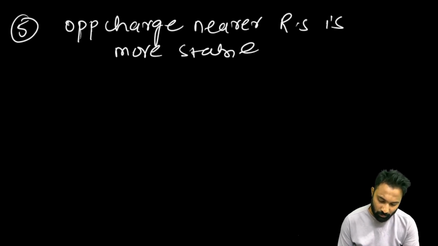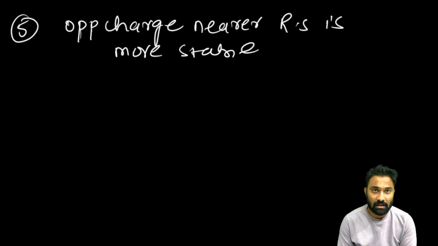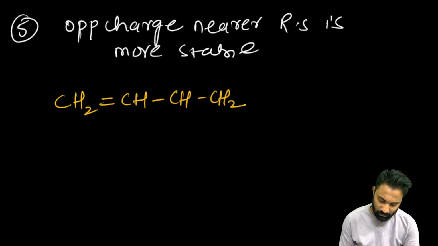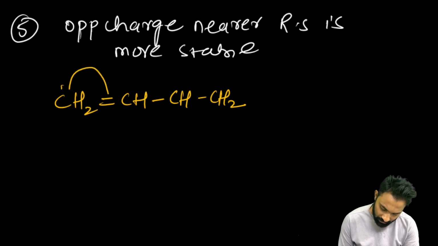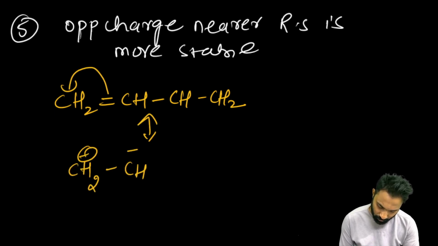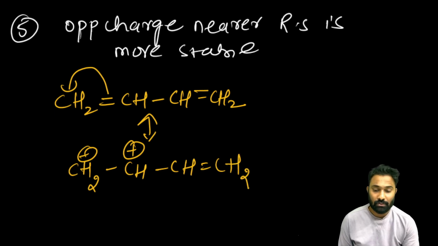See, what are opposite charge resonating structures? If you take CH2 double bond CH2 and resonate it, what will we get? Here CH2 negative and CH2 positive, and here CH double bond CH2. Clear?